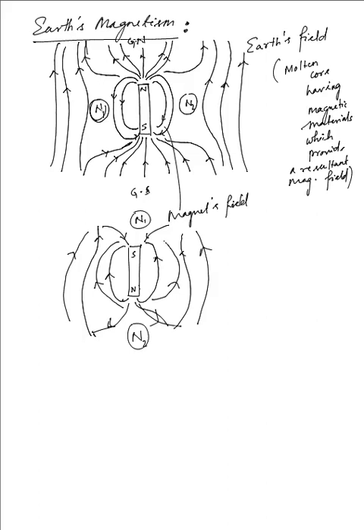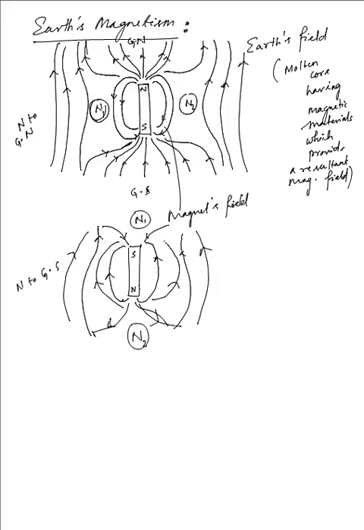So these are the neutral points in case of this north to geographic north, and this is the north to the geographic south. And this is how the magnetic fields interact.